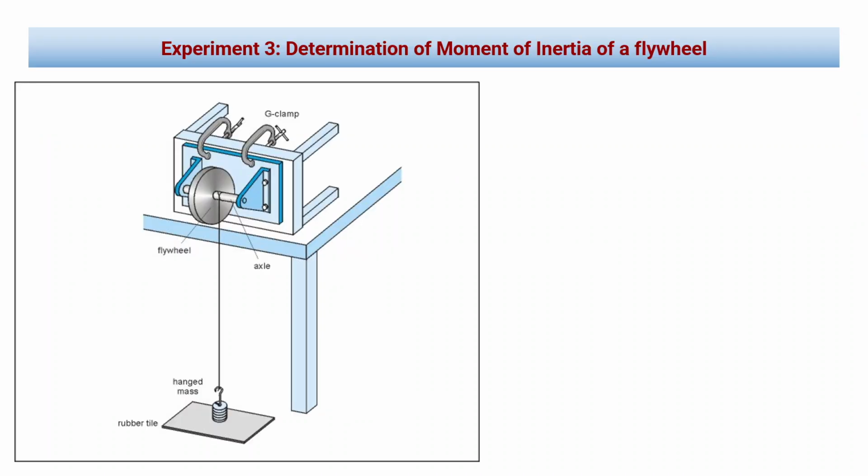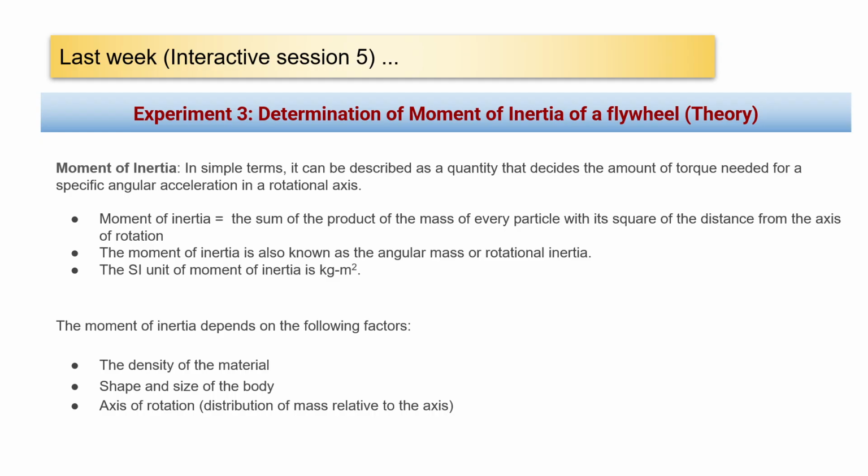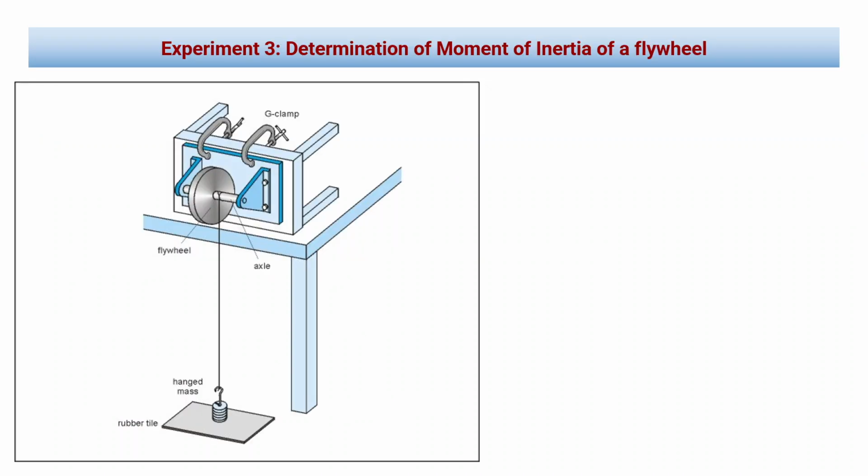In today's interactive session, we'll start with a quick review of the procedure for this particular experiment, and then continue with solving the problems based on it. As you have already seen in the lecture, this is the typical setup that we use for determination of moment of inertia of a flywheel.